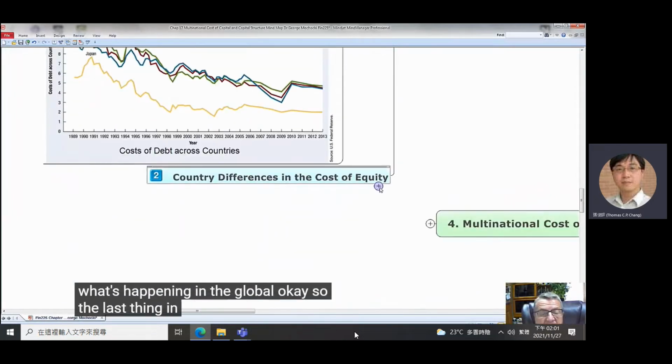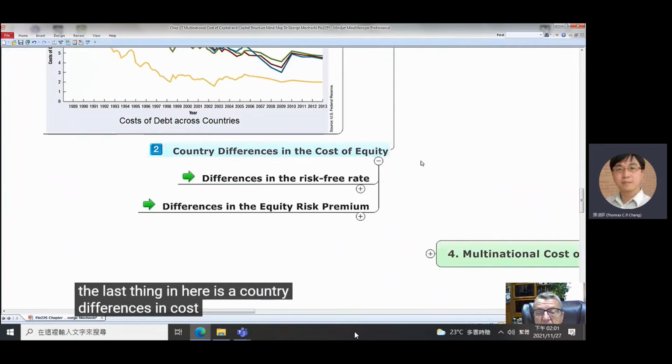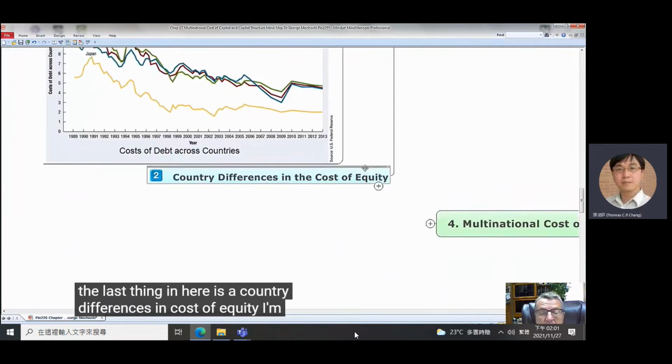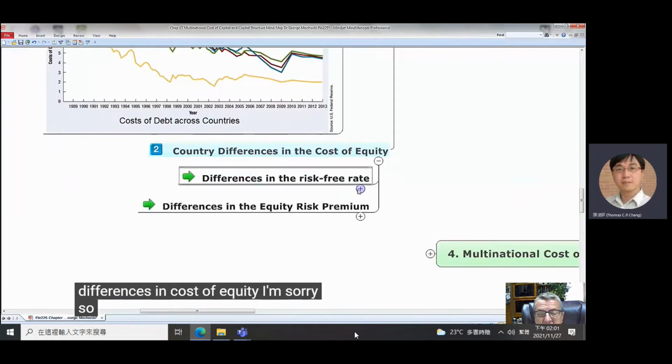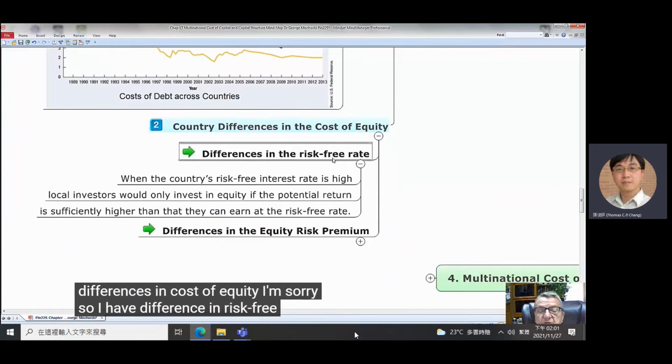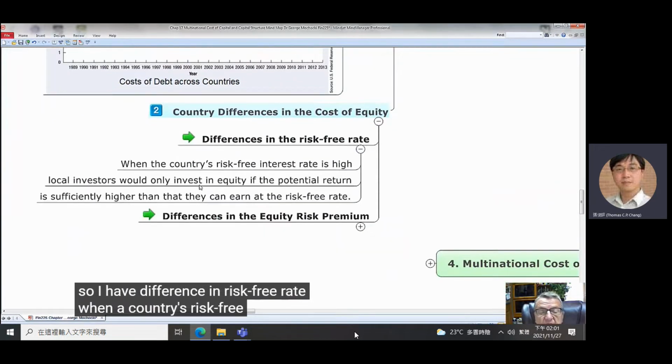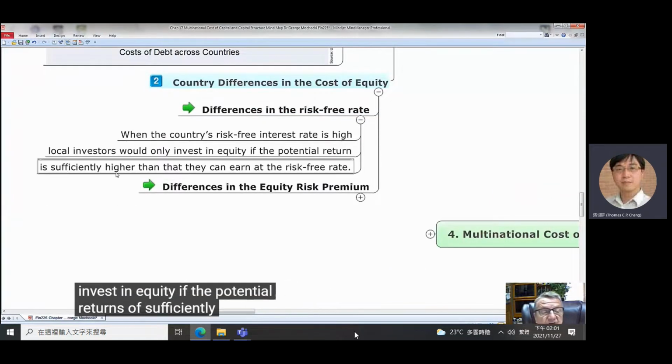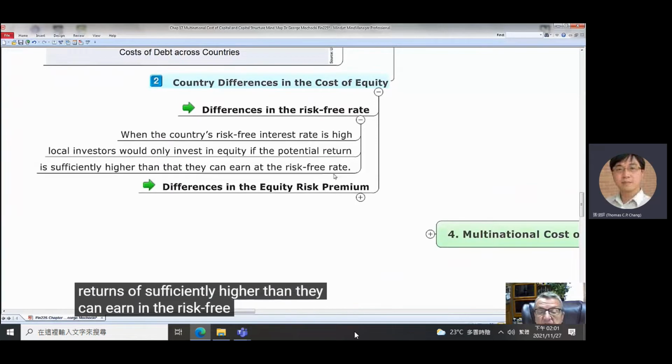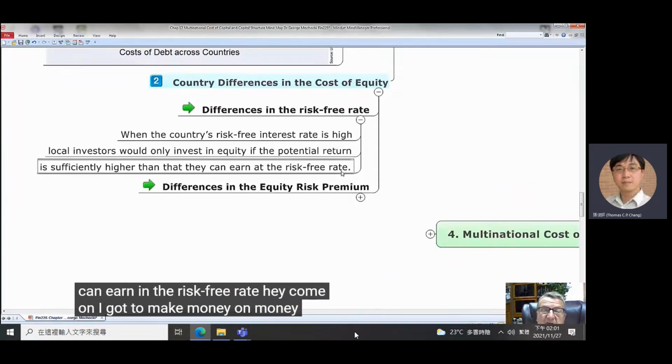Okay, so the last thing in here is country differences in cost of equity. So I have the difference in risk-free rate. When a country's risk-free interest rate is high, local investors would only invest in equity if the potential return is sufficiently higher than they can earn at the risk-free rate. Hey, come on, I've got to make money on money.